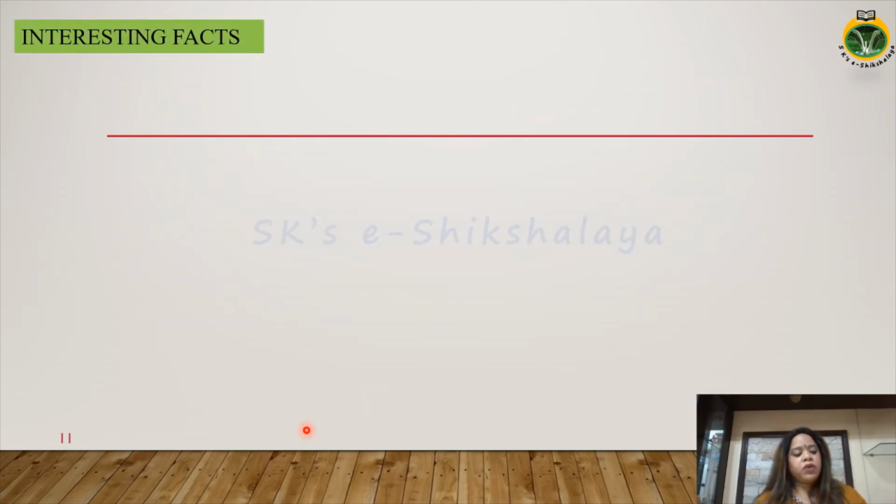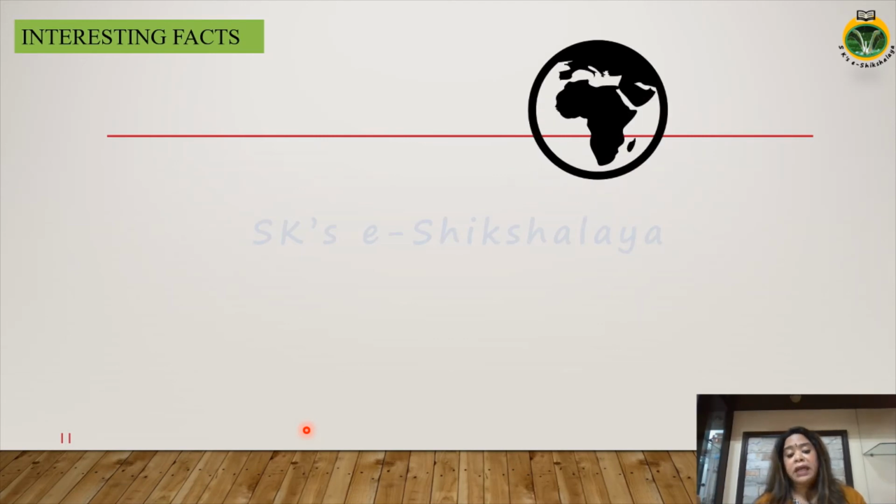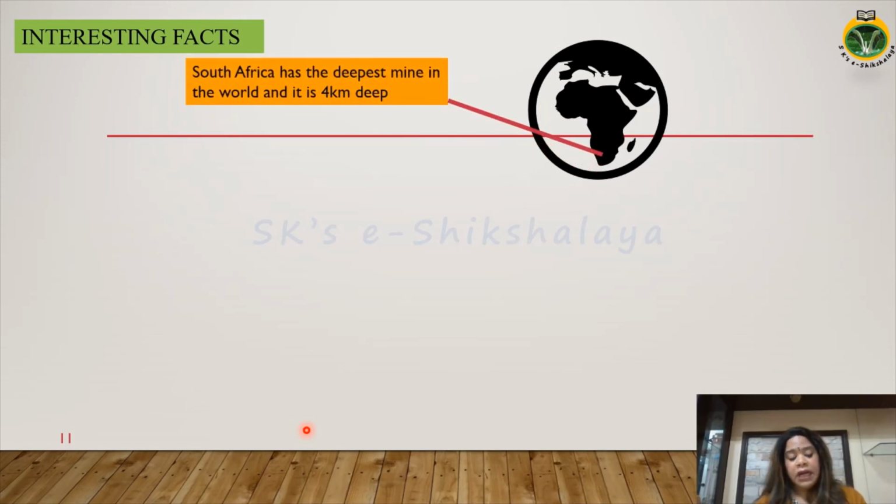So let's look at some interesting facts about the Earth. The deepest mine in the Earth is in South Africa, and it is about 4 kilometers deep. And in search of oil, engineers had to dig 6 kilometers.